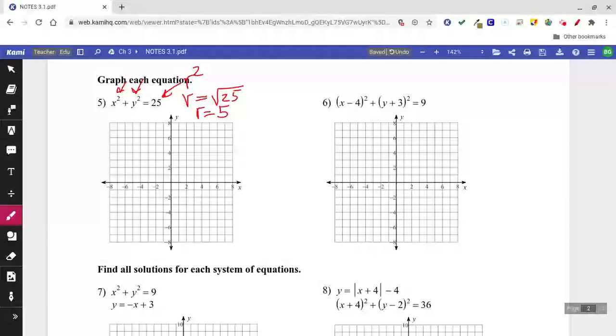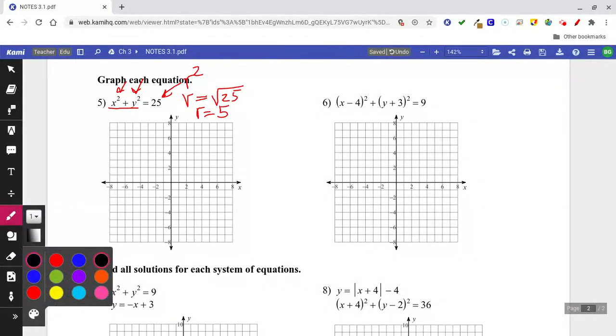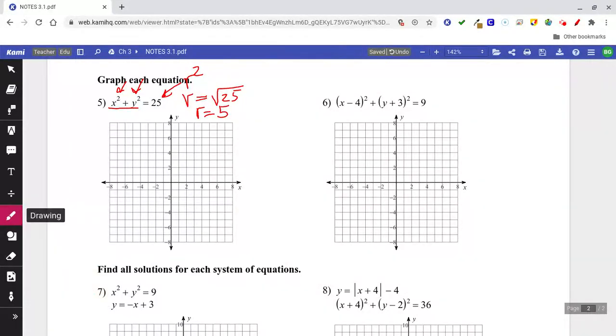Now, the part on the left is what tells you where the center of the circle is. Let me give you the general form. Let me back up a second. The general form of a circle is going to look like this: (x minus x number) squared plus (y minus y number) squared equals r squared. You might want to write that down.